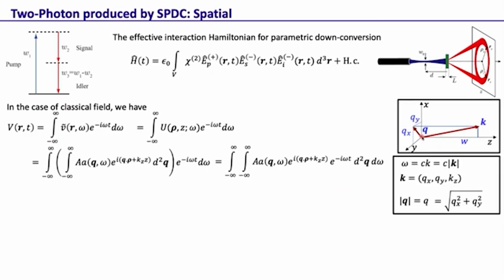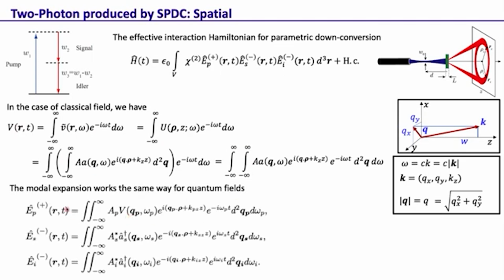Just to remind you, these are the different terms and what they mean. This is K, the wave vector, and Q is the two-dimensional spatial frequency, Qx, Qy, and the frequency is basically c times the modulus of the wave vector, and so on. The modal expansion that we have done here works exactly the same way for quantum fields as well. If we have a quantum field E_p plus (r,t), we can do the modal expansion exactly the same, with no difference.